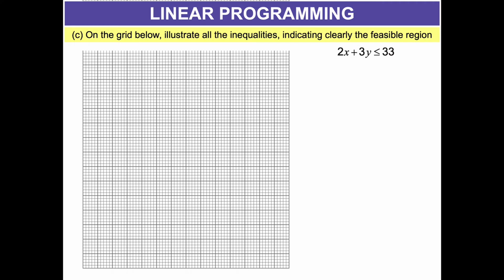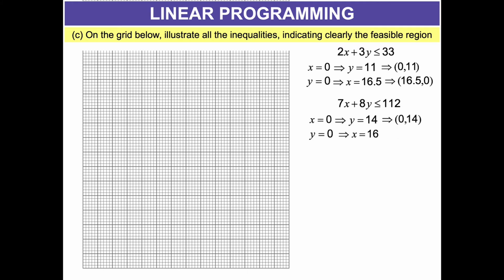In the animations, I used the x and y intercepts. So for the first constraint, 2x plus 3y is less or equal to 33, I located the points 0, 11 and 16.5, 0. Then for the second one, I have 0, 14 and 16, 0.